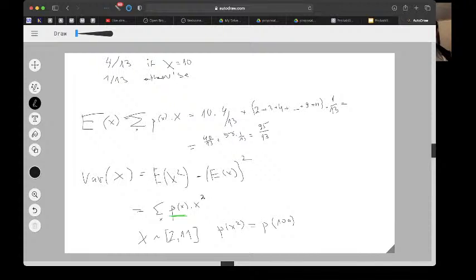But that is not defined, because the value that you can plug in here only ranges from 2 to 11. That's why you cannot plug in the square here. Okay. And then you have minus this, the expectation squared.